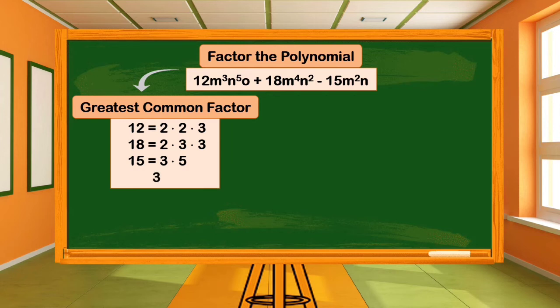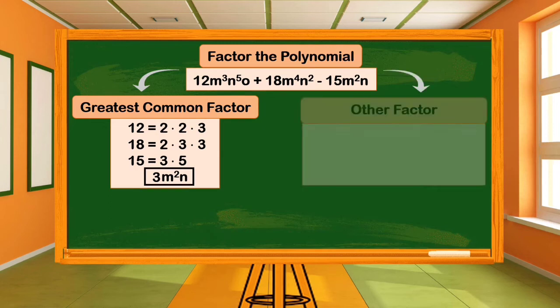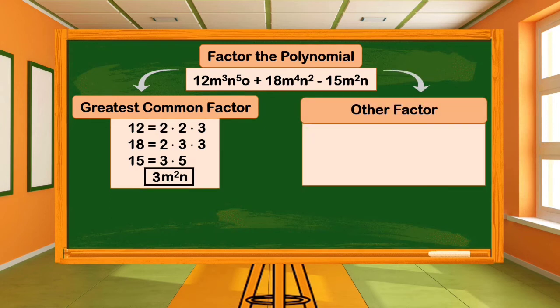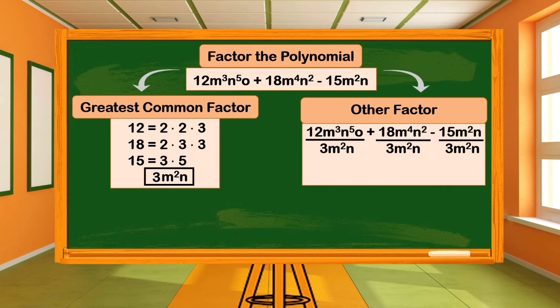Then get the common variables in each term which has the least exponent. Therefore, the GCF of the given polynomial is 3m squared n. Next, let us divide each term of the polynomial by its GCF to get the other factor.